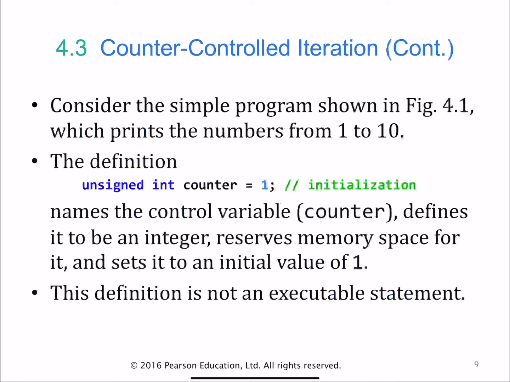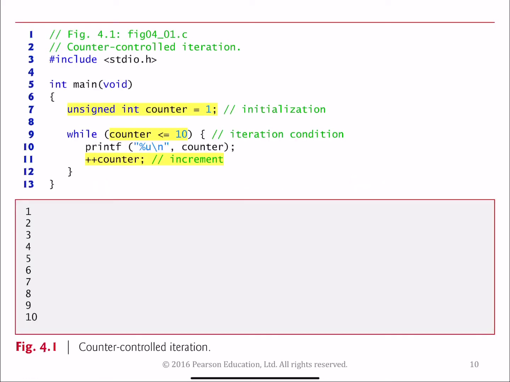Now, a control variable can be something as simple as an unsigned integer, and an initialization can look as simple as this one, where we are using an unsigned integer counter and at the same time while defining it, initializing it to the value 1. And if you want to use a while loop for definite iteration, we already saw how to do that, and it can be as simple as this example.